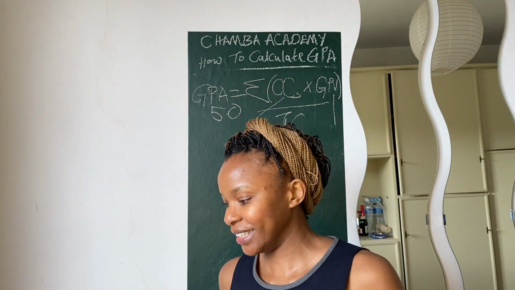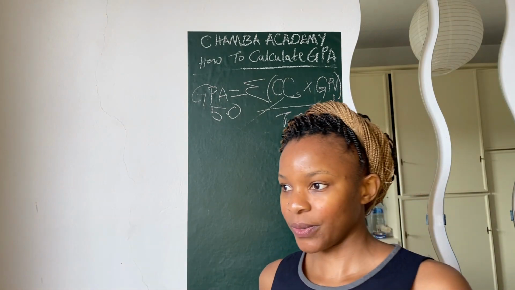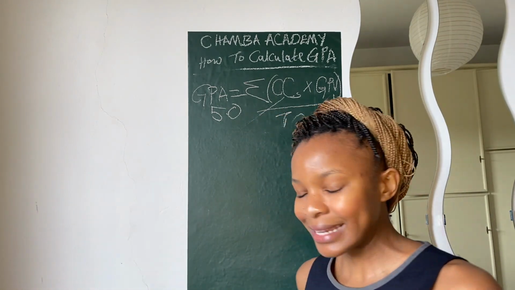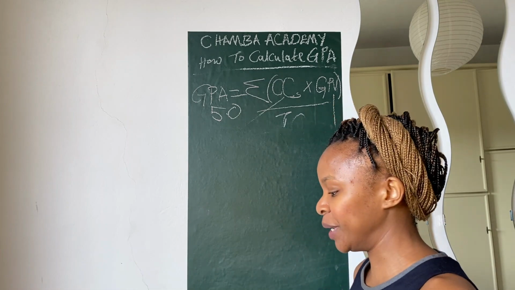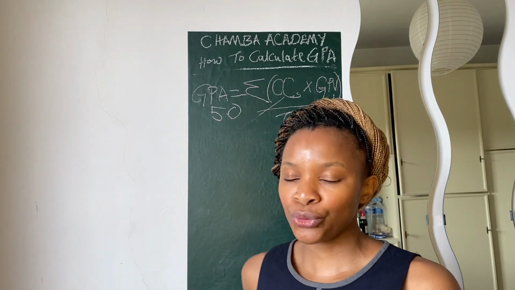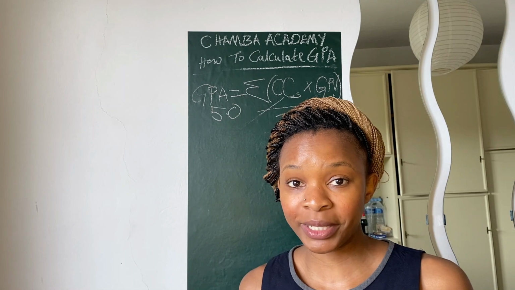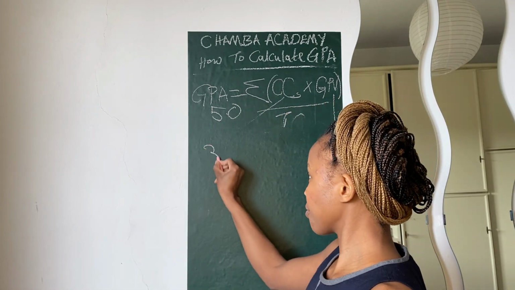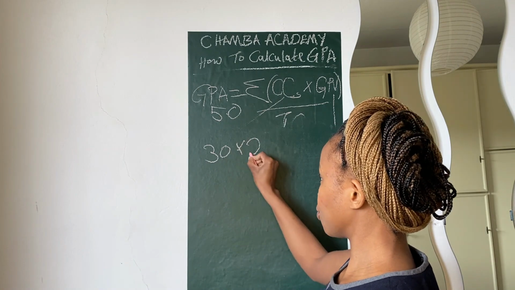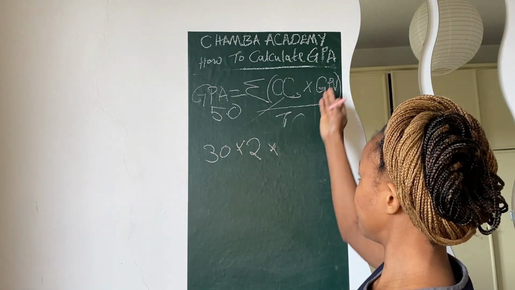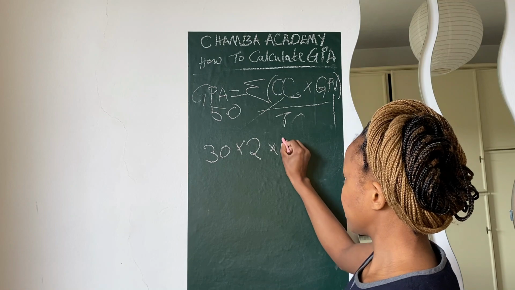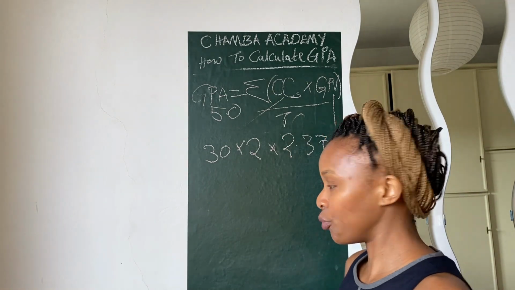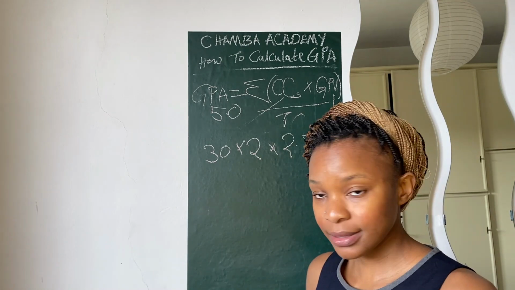In second year, it gets a little bit complicated because we have full courses, we have half courses, and so on. So in second year, in 2 full courses, I had accumulated, unfortunately, 2 C plus classes. So that would be 30 multiplied by 2 multiplied by the GPV, which is 2.37 for a C plus.